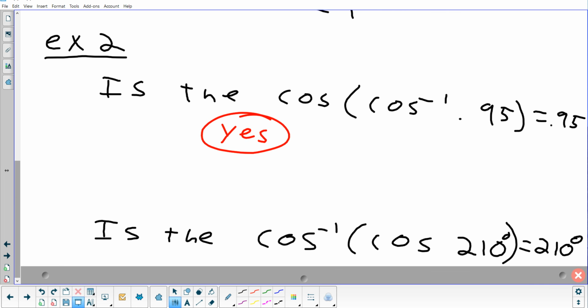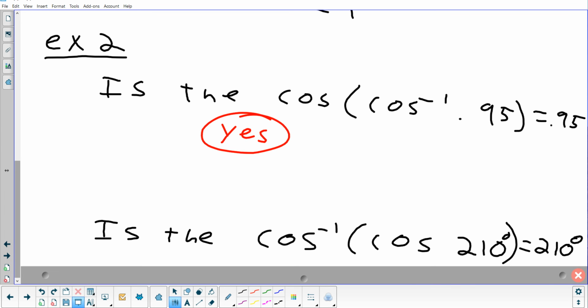And let's try this one. The inverse cosine of the cosine of 210. So look at where the inverse is. Look at if it's on the inside or the outside. Match that up with the formula up above, and see what you're supposed to be between. Okay, would this one work?